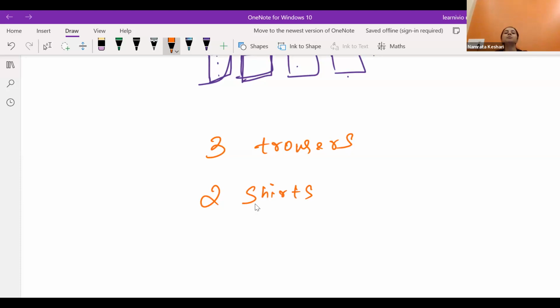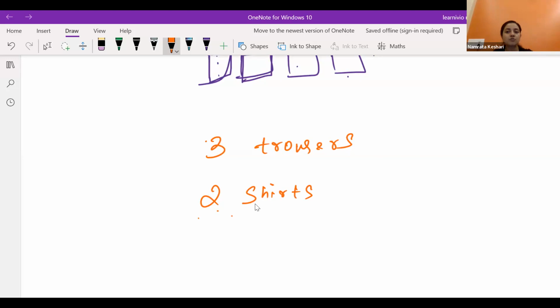Now how many total possible combinations can the person create? This is how we mix and match in real life also. Sometimes you take one of the trousers and wear it with one of the shirts, and next time you wear it with another shirt. So this type of possibility we will be framing over here. Total how many possible cases can we create with three trousers and two shirts?